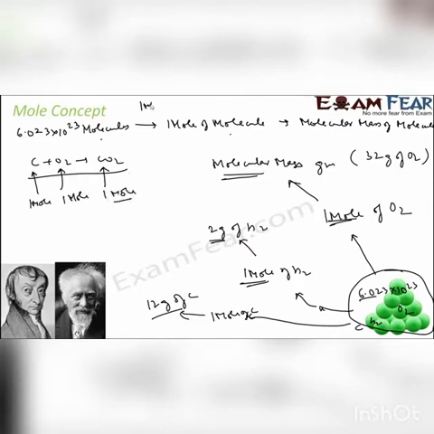Right? Because 1 molecule into this magical number is equal to 1 mole. So looking at the equation, I can say that, but I can't say that 12 gram reacted with 16 grams to give 30 grams. Those things I can't find just by looking at the equation.